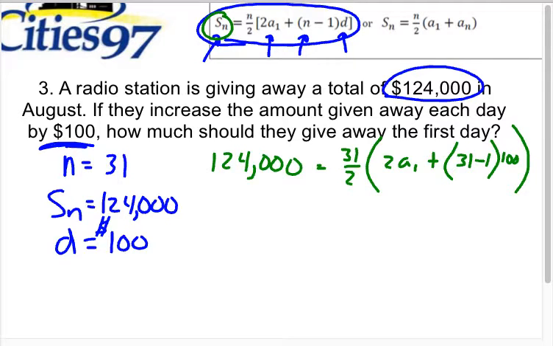So, simplifying it down, 15.5 times 2 a sub 1. This is going to be 30. 30 times 100 is 3,000.